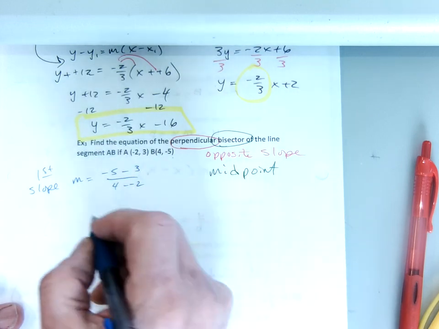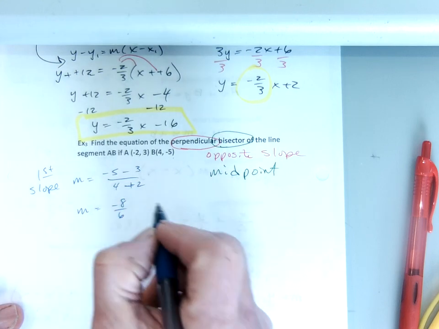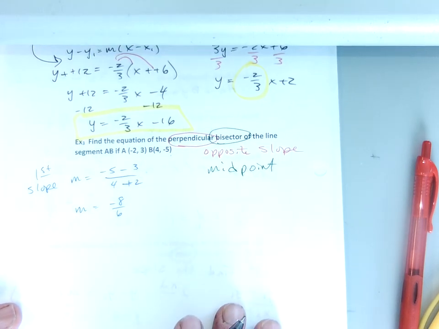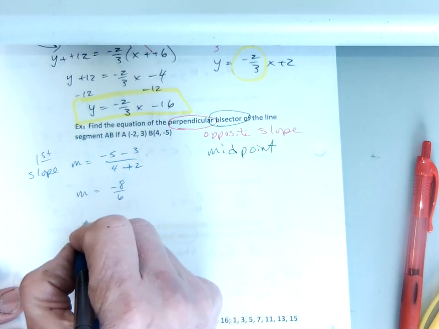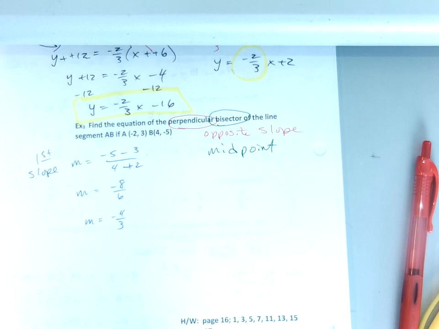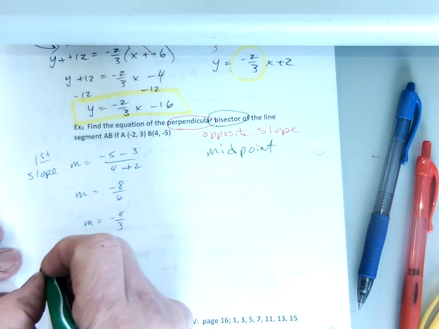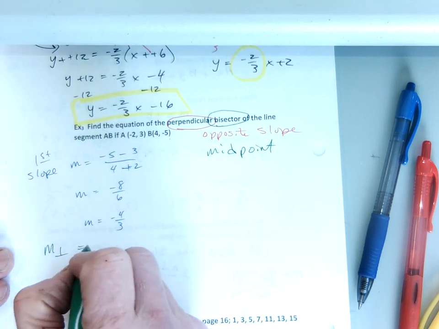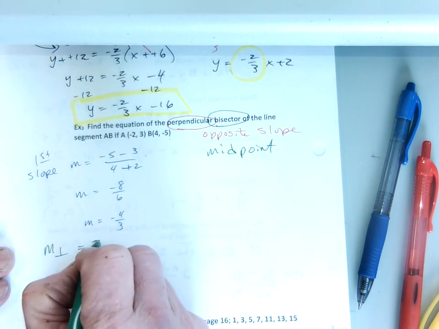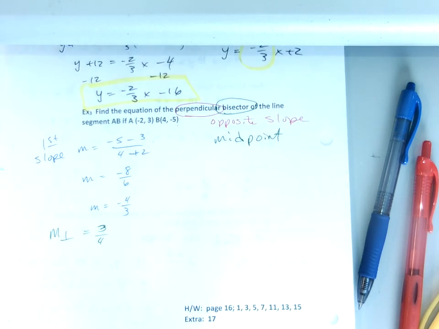So my slope is going to be negative 8 over 6, which reduces to negative 4 over 3. I got the slope, but Retta, what do I have to do? Yeah, what I really need is the perpendicular slope. So how about 3 over 4, because that's the slope I want. Now I need the midpoint.